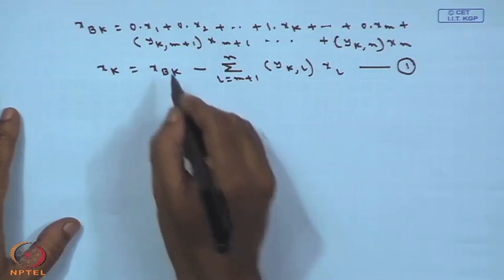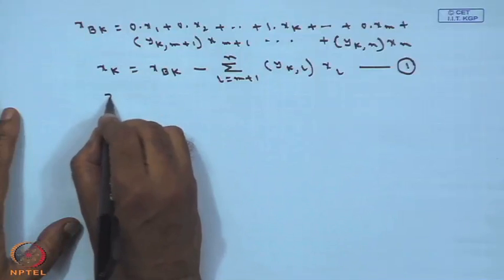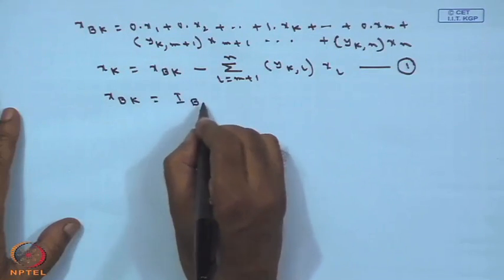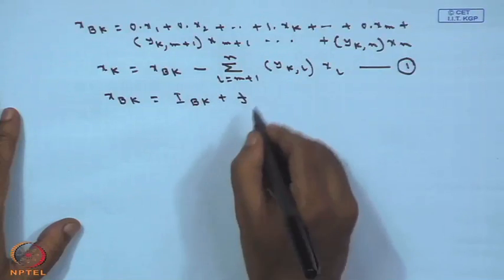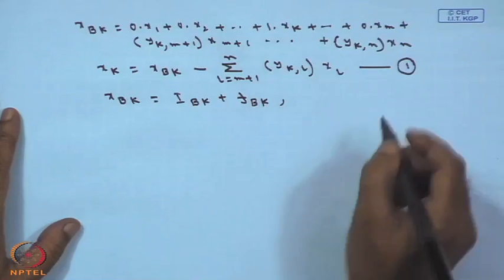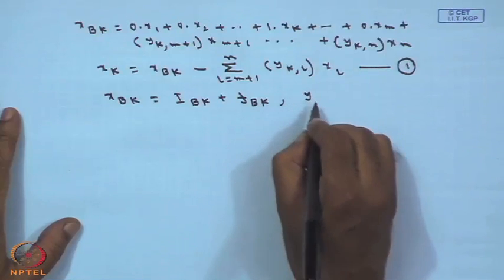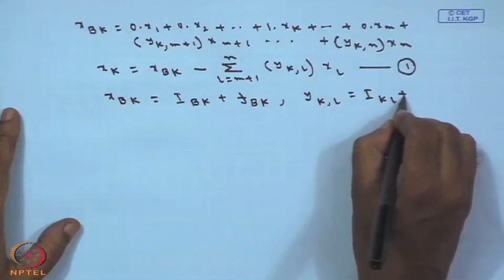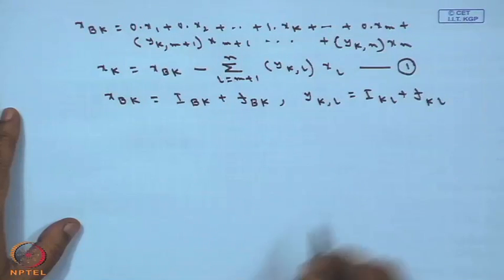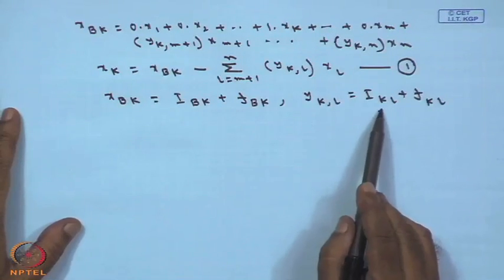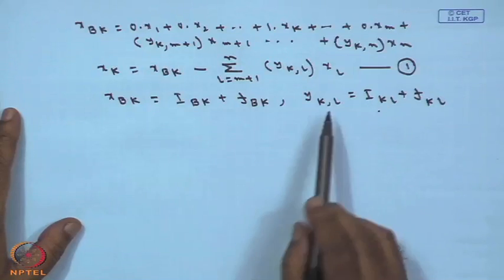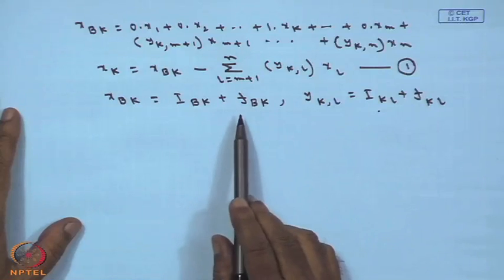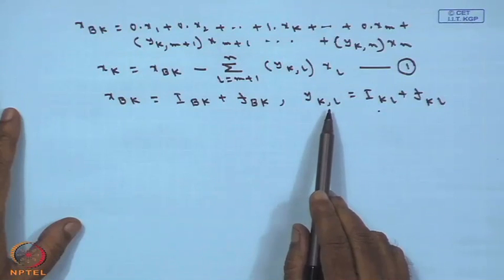Now, your xBk is non-integer. So since it is non-integer, xBk I can write as IBk plus fBk, and correspondingly ykl also I can write as Ikl plus fkl, where IBk and Ikl are the integer parts of xBk and ykl, and fBk and fkl are the fractional parts of xBk and ykl respectively.